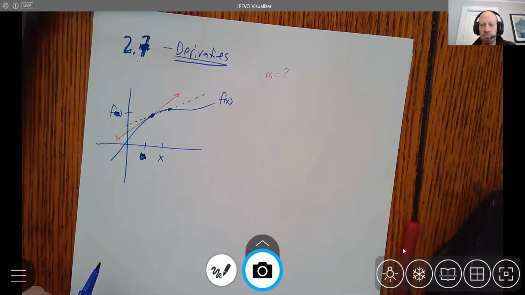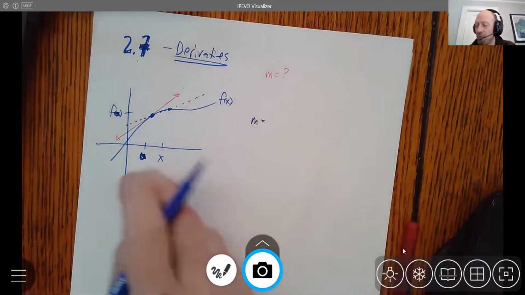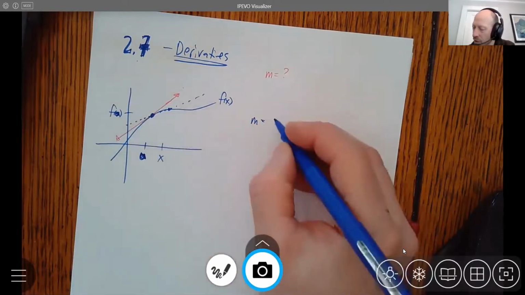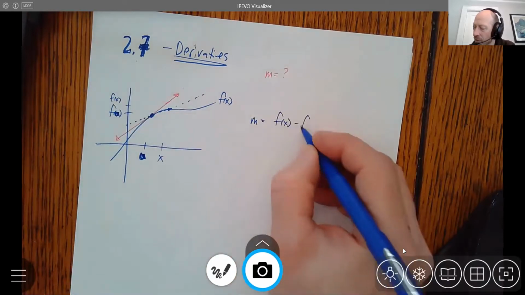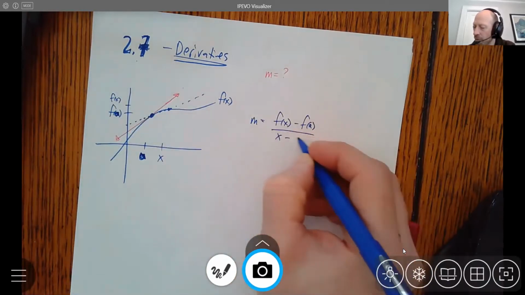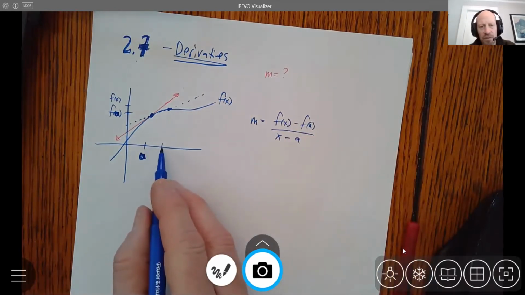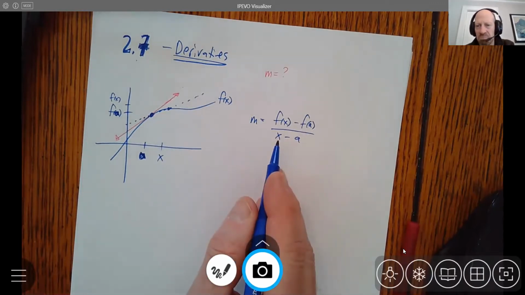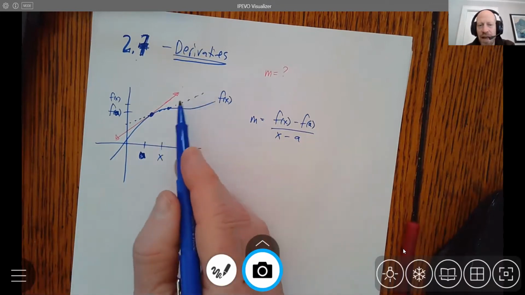But it's kind of close to that red line, and the big advantage is that we can find the slope of that line, right? Because it's two points. This top value here is going to be f of x. So I can take f of x minus f of a all over x minus a. Okay. Give me any point you want here, x, and I can calculate the slope of that line just using that formula.